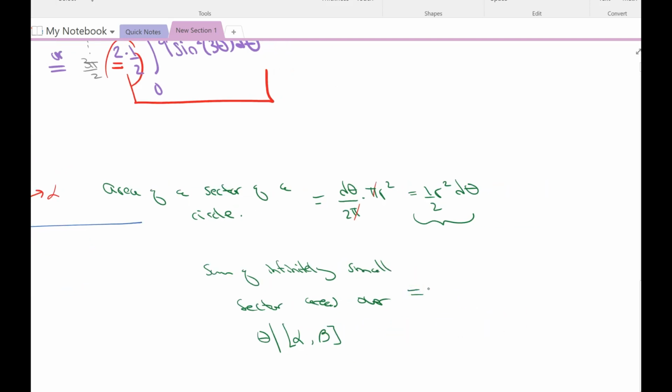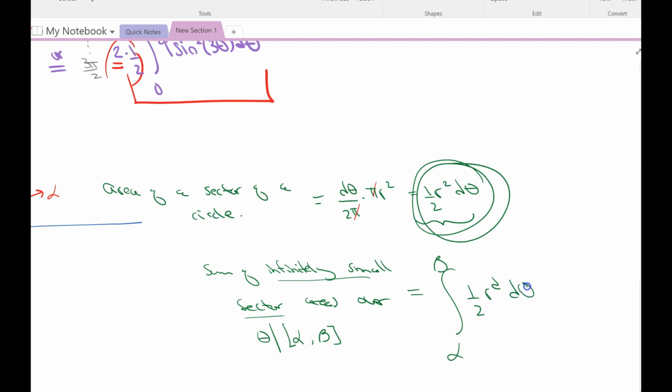Whenever you're adding up the sum of infinitely small somethings, you know we have a definite integral. That is, this is my integrand: the definite integral from alpha to beta of 1/2 r squared d theta, which becomes just 1/2 the integral from alpha to beta of r squared d theta.